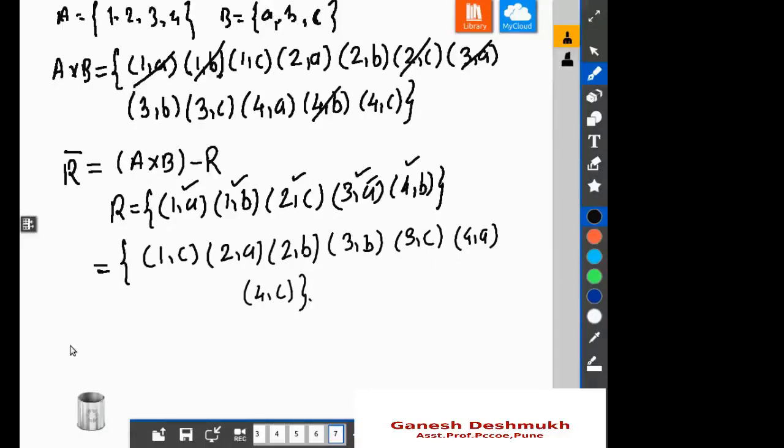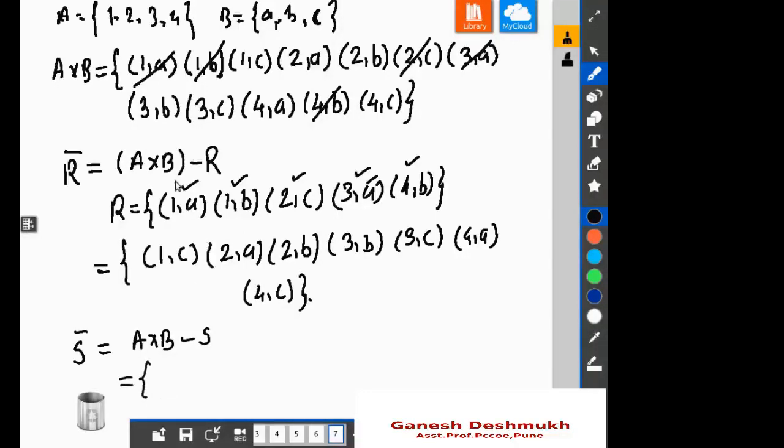So this way, if you do it for S complement, that is the same A cross B, and subtract the pairs of relation S from this.